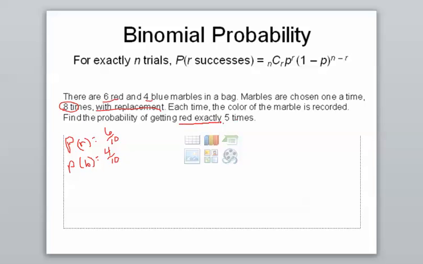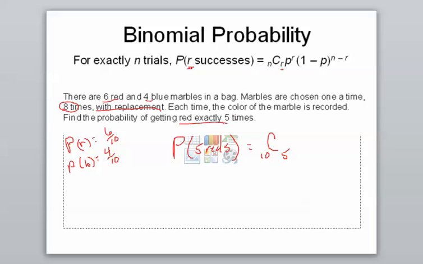5 reds. Okay? So we're looking for the probability of getting 5 red. So, in this situation, what are we looking at? We're looking at the combination of 10 things taken, how many at a time? 5. Why 5? Because that's what the r value is.